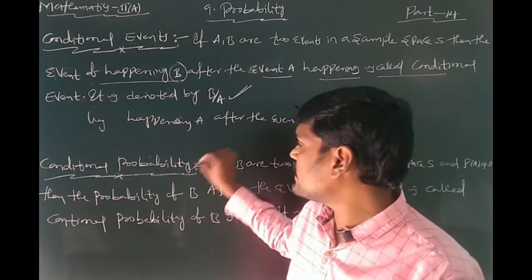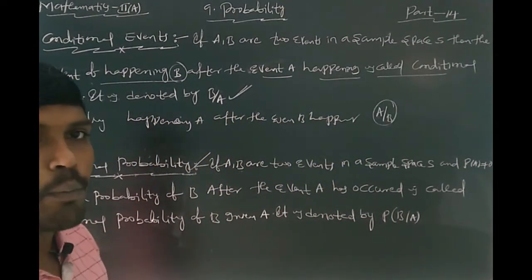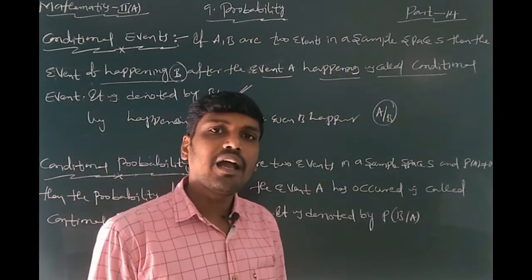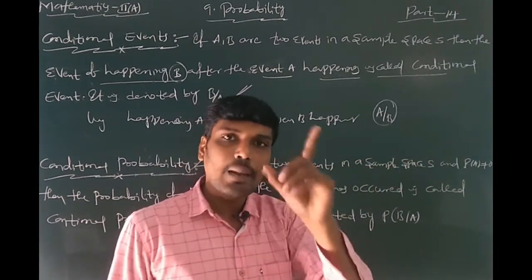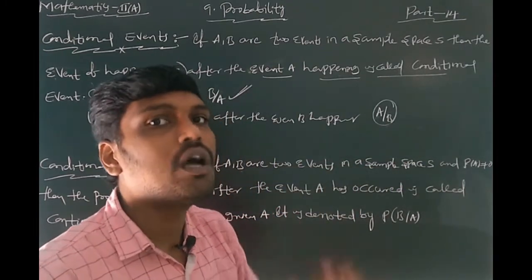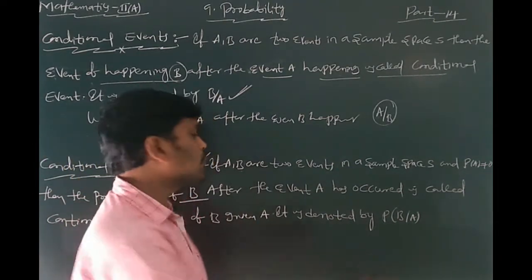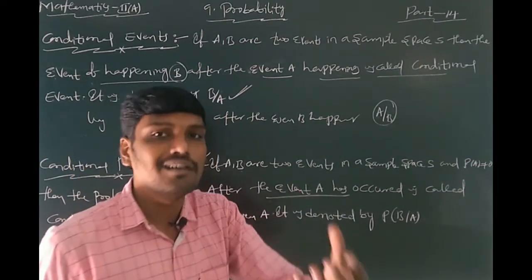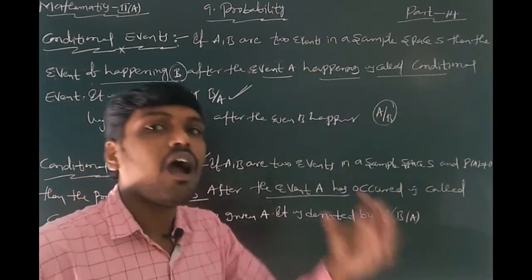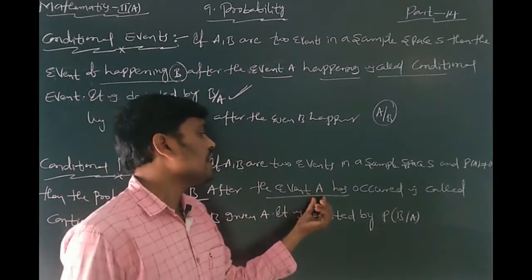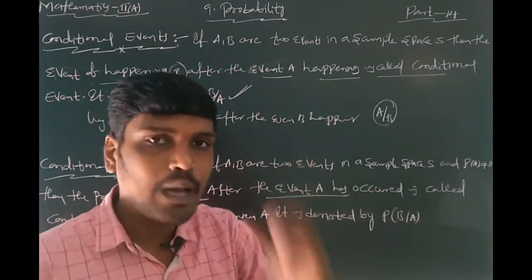After that, the next point is conditional probability. What is the meaning of conditional probability? Once again, A, B are any two events in a sample space S, and P of A is not equal to 0. The probability of B happening after the event A has occurred is called conditional probability.